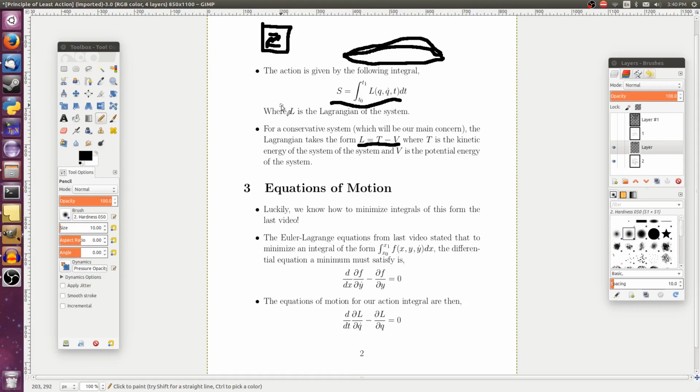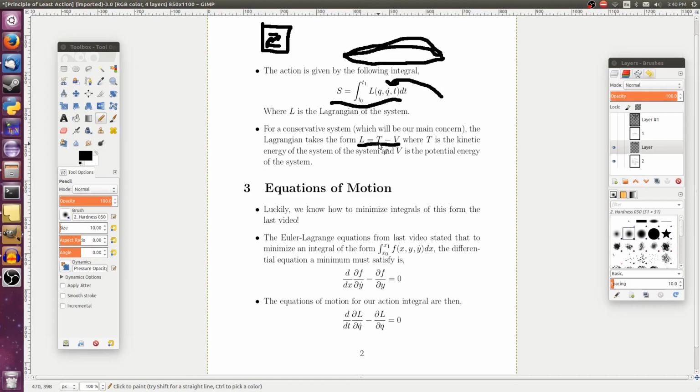So, sorry I had to burst your excitement there, but this formalism is going to end up being a lot better than just using Newton's laws, because first off, this doesn't depend on the exact coordinates used.